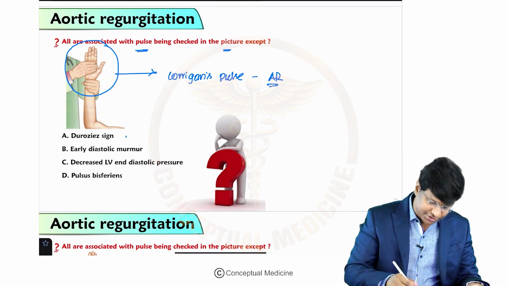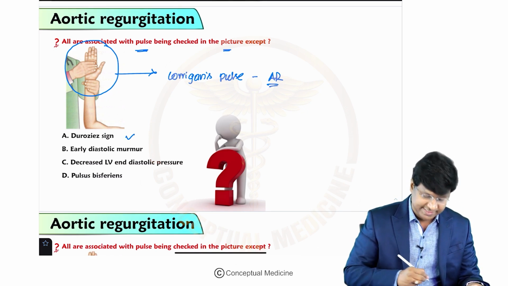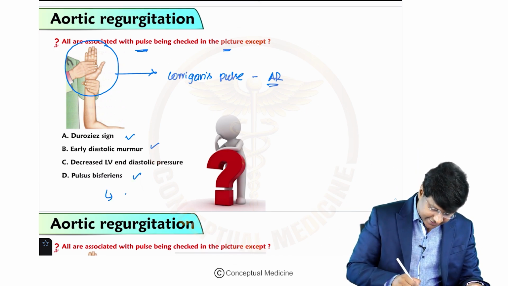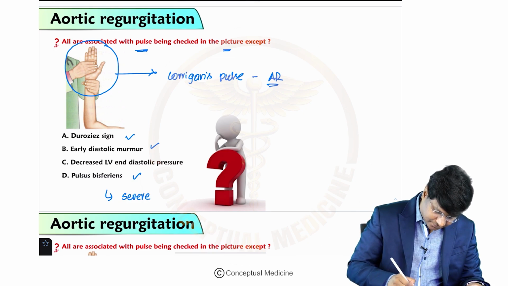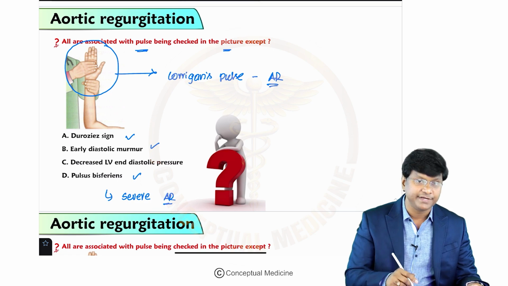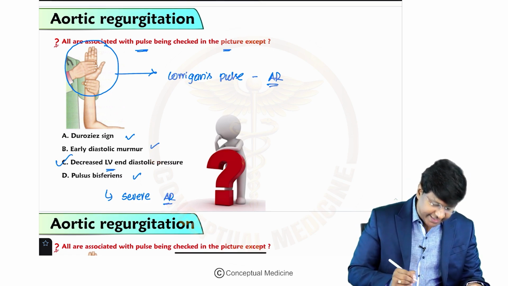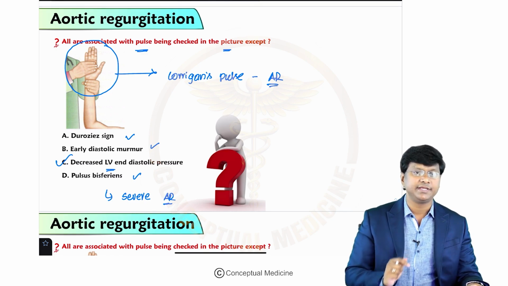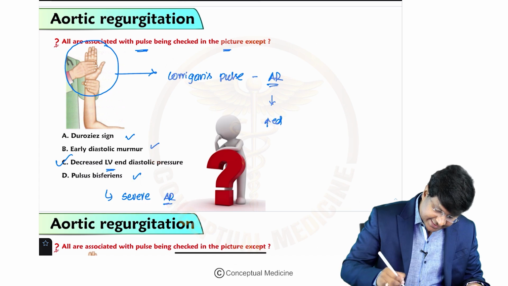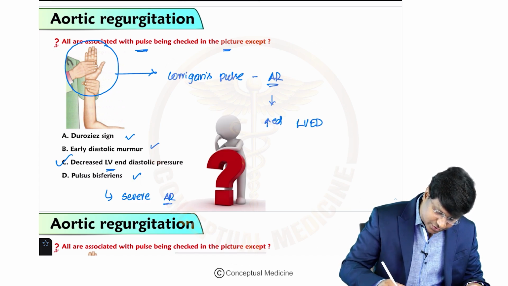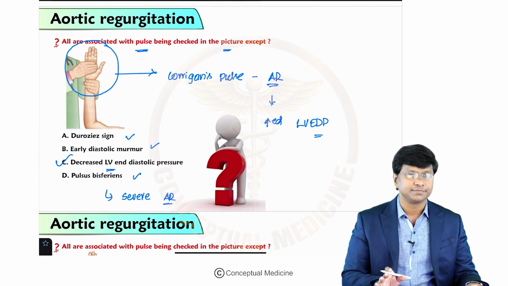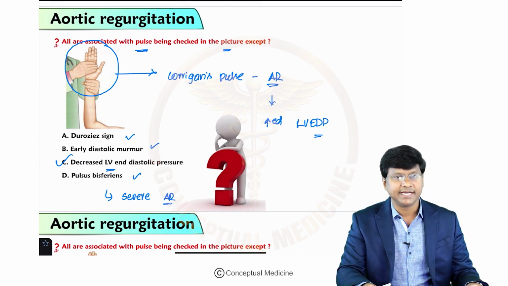And in aortic regurgitation, you have the presence of Durozier's sign. You have the early diastolic murmur. And in severe AR, even you have the presence of pulsus bisferiens, but decreased LV end diastolic pressure is not the feature in aortic regurgitation. In aortic regurgitation, there is increased LV end diastolic pressure. So that is what you will see in aortic regurgitation.